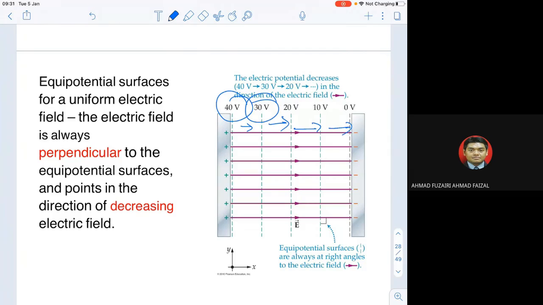So that's how it works in terms of electric potential, but we cannot see the imaginary lines. When we have a two parallel plate capacitor, you can see that the electric potential decreases as the distance increases.